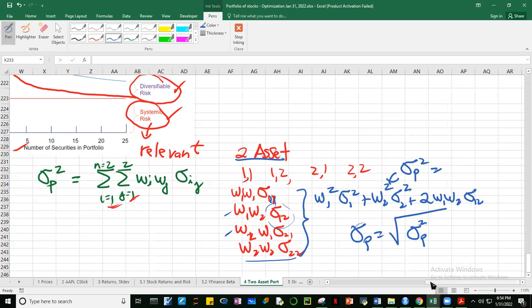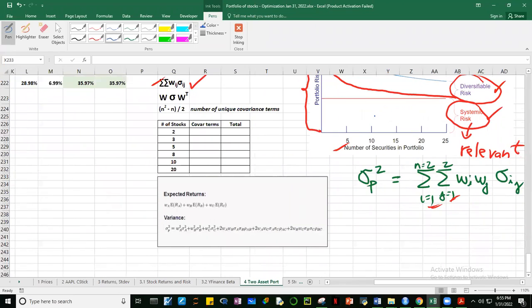Now take note, guys, na tatlo yung terms na i-add natin pag two-asset portfolio. Now pag three-asset portfolio, guys, medyo iba na, no? So how do you compute kung ilan yung terms? Pag two-asset portfolio, tingnan natin kung tama tong formula. This one will give us kung ilan yung covariance.